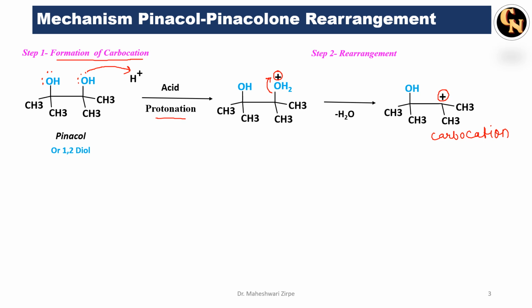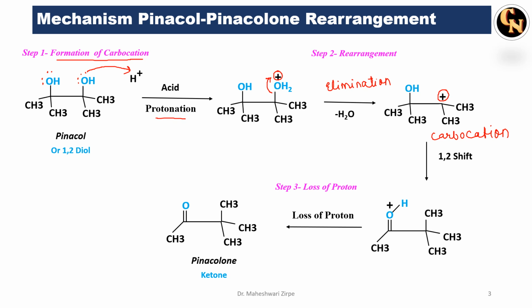So here it is elimination of a water molecule. Okay, now after formation of the carbocation, there is a rearrangement which is going to take place, where a 1,2 shift is going to take place. That is how the shifting takes place, it is called a 1,2 shift.